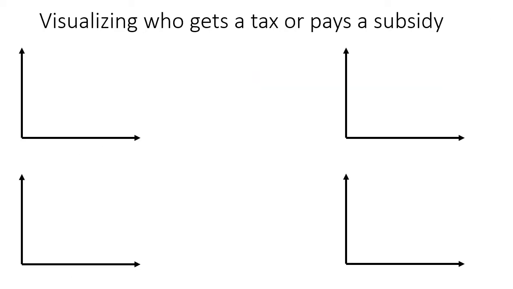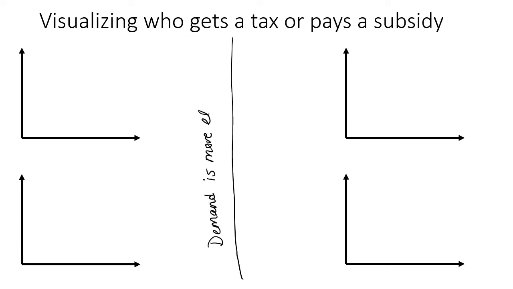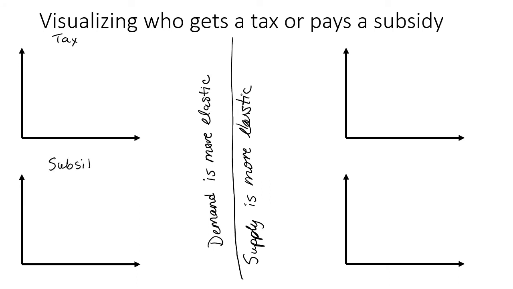So for this one, we're going to split our graphs into two categories. The ones on this side will be where demand is more elastic. And the ones on this side will be where supply is more elastic. And then we'll graph both a tax and a subsidy for both.